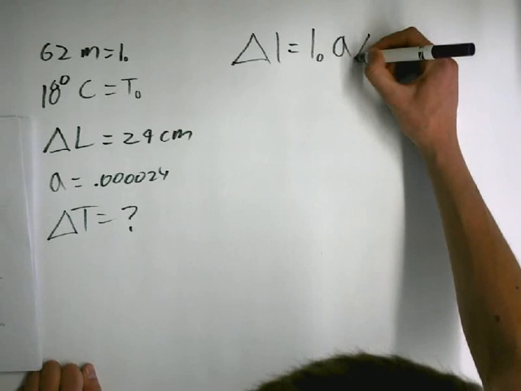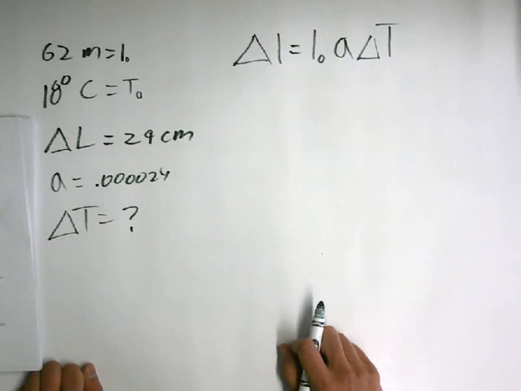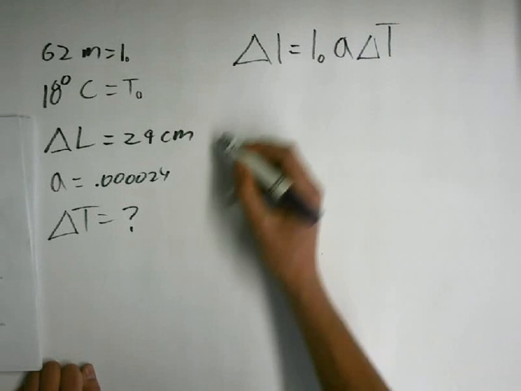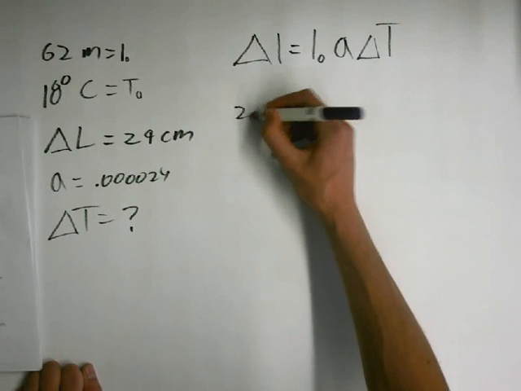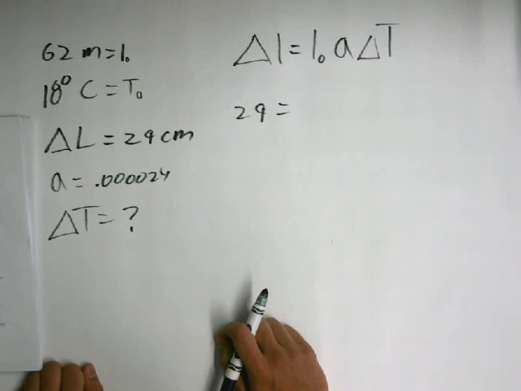So we know that the change in length is 29 centimeters. We know the original length, and the coefficient is 0.000024, times the change in temperature, which is what we're solving for.